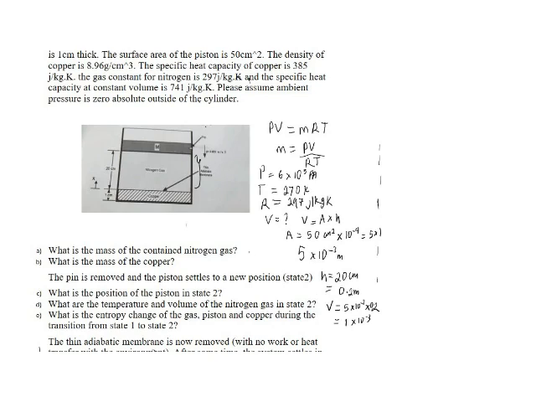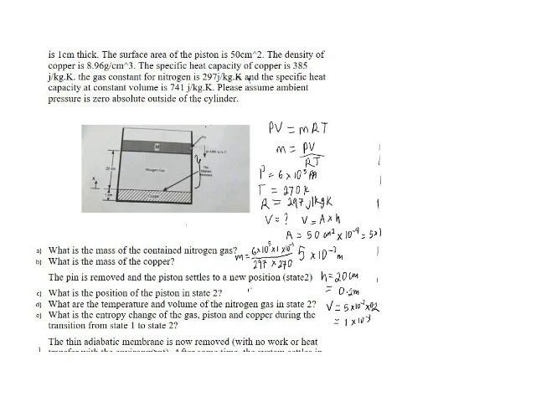Since we have our volume, our mass is going to be the pressure, which is 6 times 10 raised to power of 5, multiplied by the volume, which is 1 times 10 raised to power of minus 3, all over our R, which is given to be 297, multiplied by our temperature, which is 270.